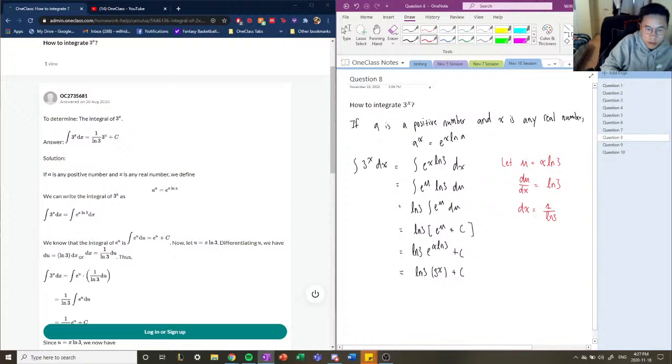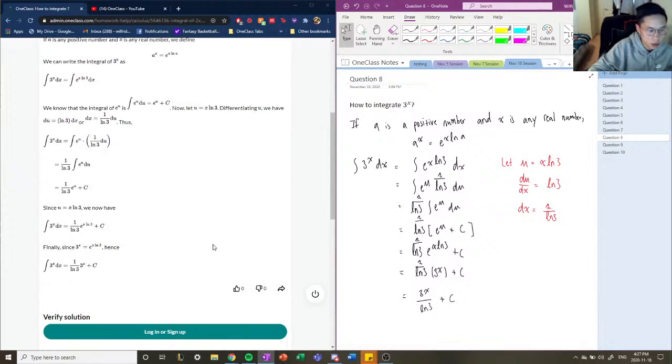So as 1 over ln 3, we get 1 over ln 3 on the outside. So this actually equals 3 to the power of x over ln 3 plus c. Okay, cool. So that's how you integrate 3 to the power of x.